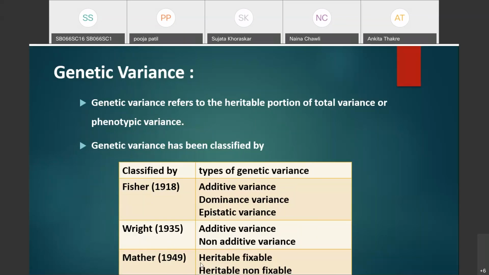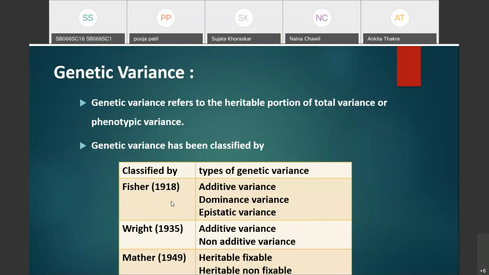Here the additive variance is heritable and fixable, while the remaining two, the dominance variance and the epistatic variance, are heritable and non-fixable. This is the classification given by Fisher in 1918, Wright in 1935, and Mather in 1949.